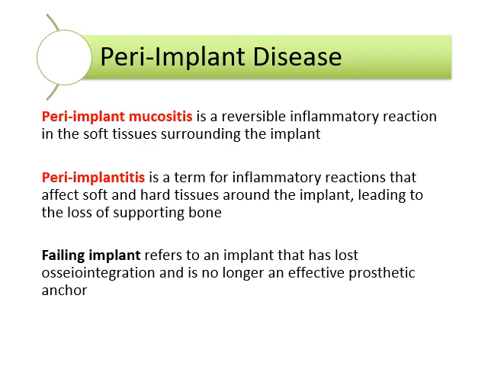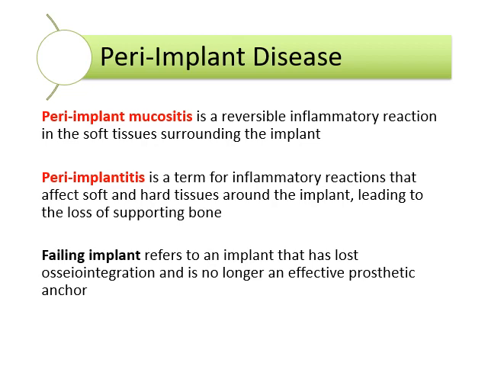Peri-implantitis is a term for inflammatory reactions that affect soft and hard tissue around the implant, leading to the loss of supporting bone. So what's the hard tissue around the implant? Well, that's the bone, so bone disease. So think of peri-implantitis as periodontitis. And peri-implant mucositis is like gingivitis.